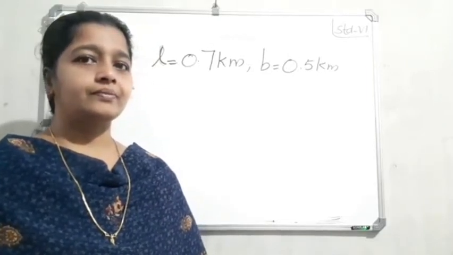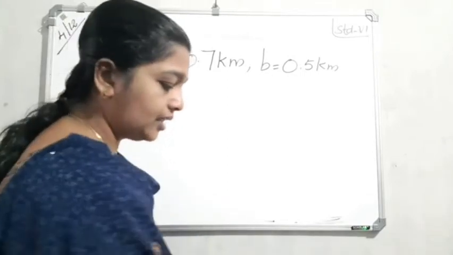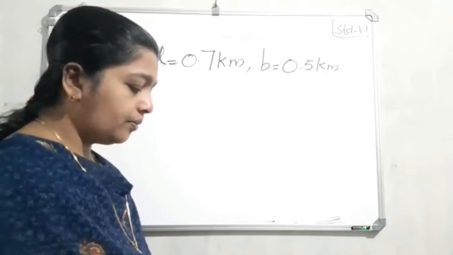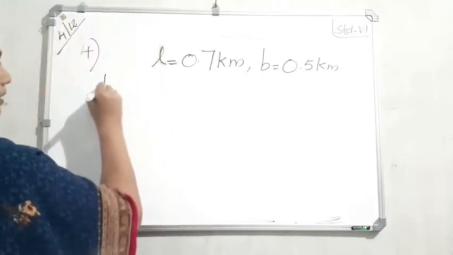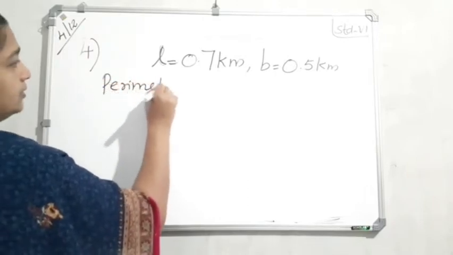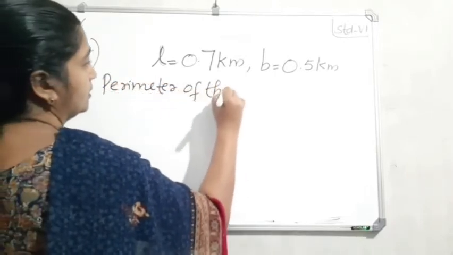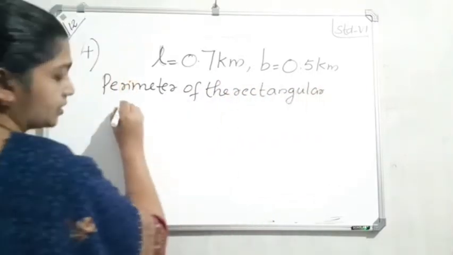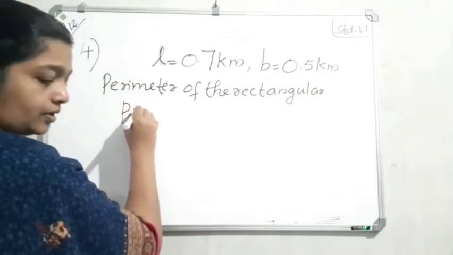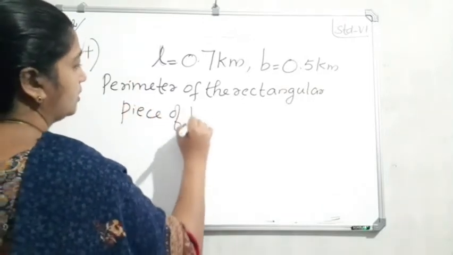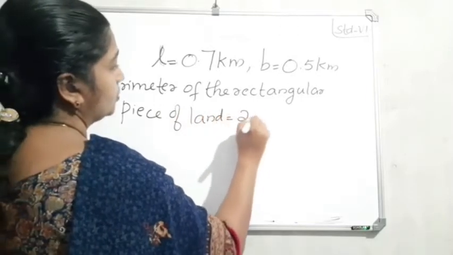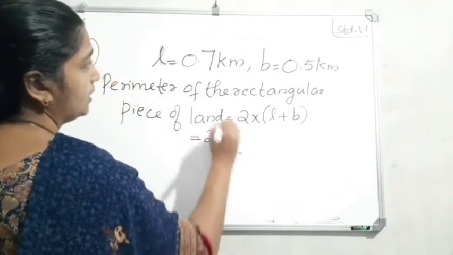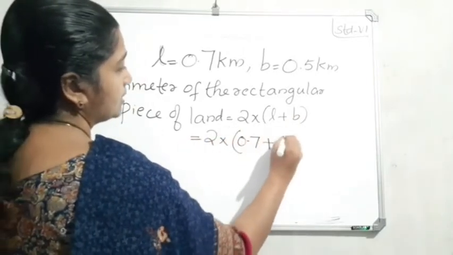So first we want to find the perimeter of the rectangular piece of land. Perimeter of the rectangular piece of land equal 2 into length plus breadth, right? 2 into length 0.7 plus 0.5.